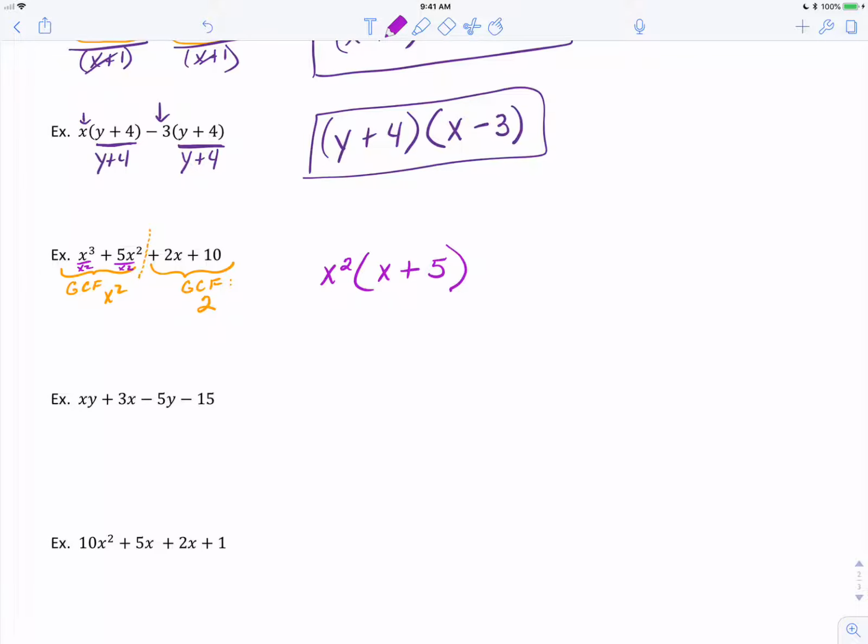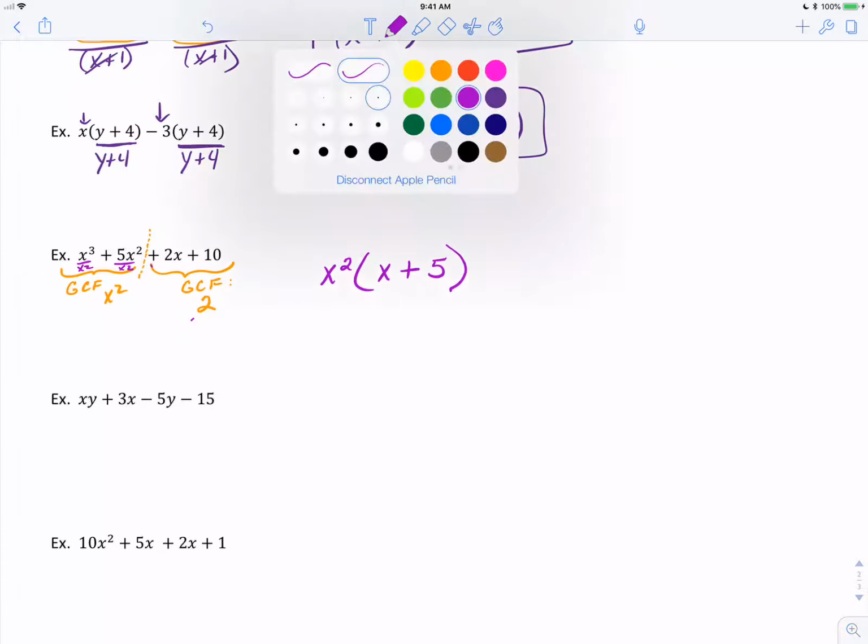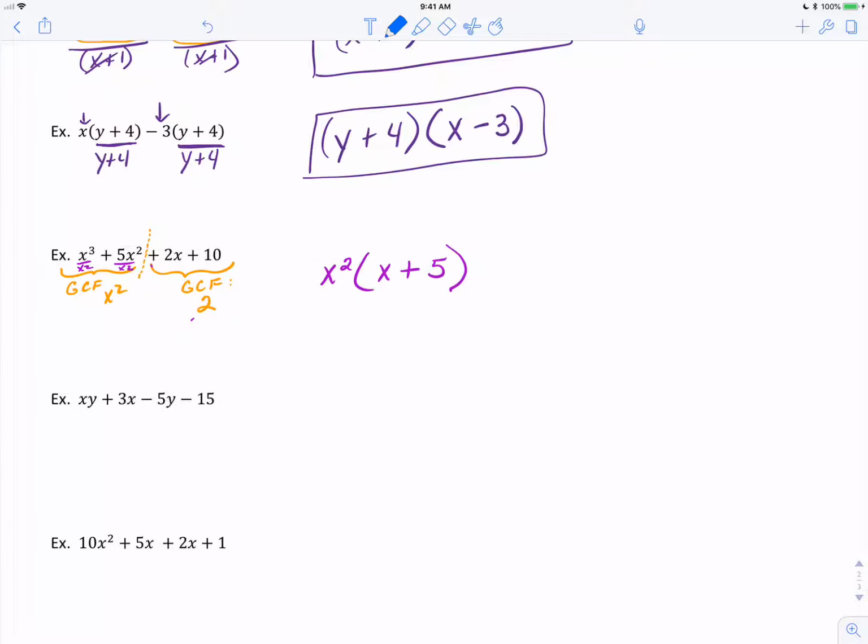Okay, well then I'm going to take the last two terms, and we're going to say, okay, well now I'm taking this 2 out of these last two terms. So let's take both of those and divide by 2. Well, that also gives us x plus 5. And we say yahoo, because now we've got a common binomial that we can take out of the rest.